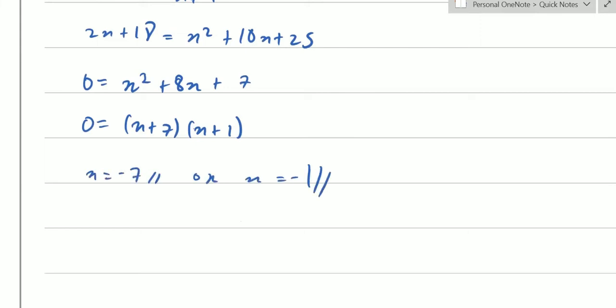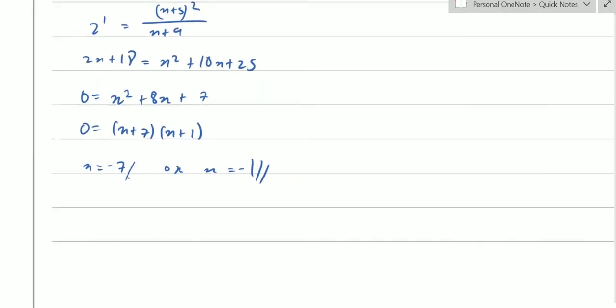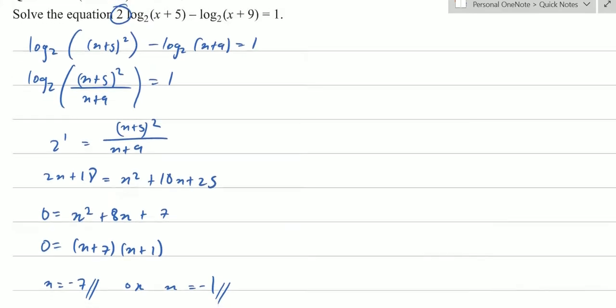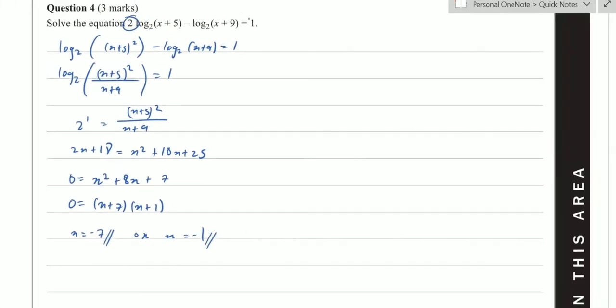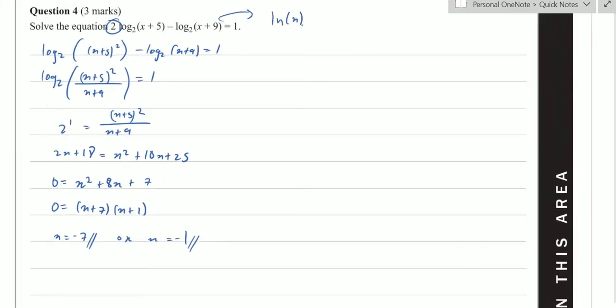But the thing with the log questions is that usually one of the answers is wrong. Usually it's obvious because you'll have a term in here like ln x, and then the negative one is wrong because ln of something negative is undefined. But in this question, both answers are negative, and it's highly unlikely that they gave us a question with no solutions.